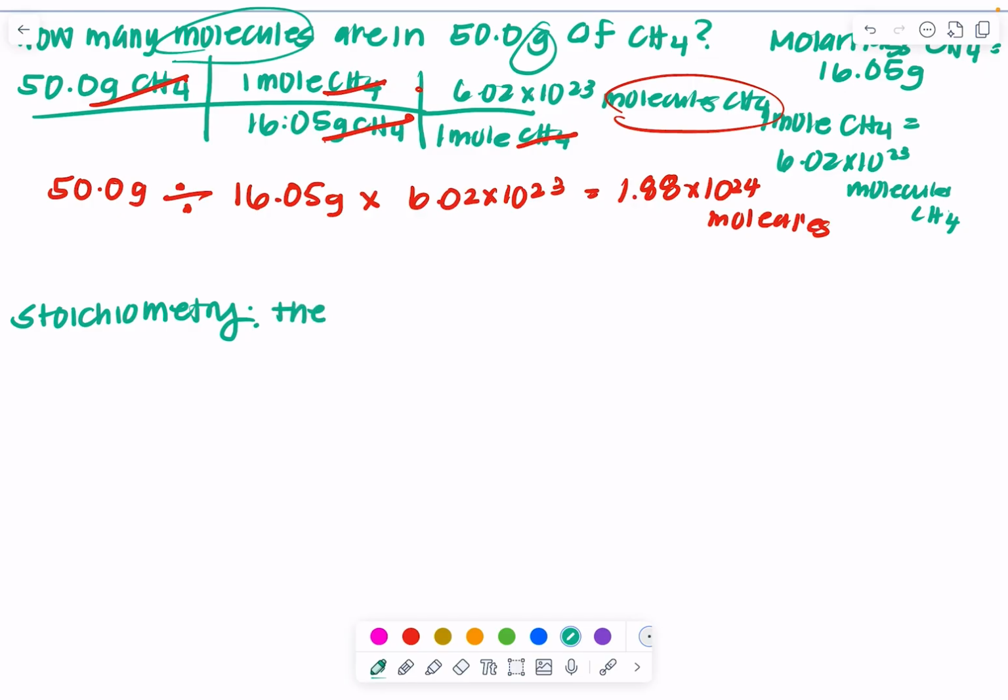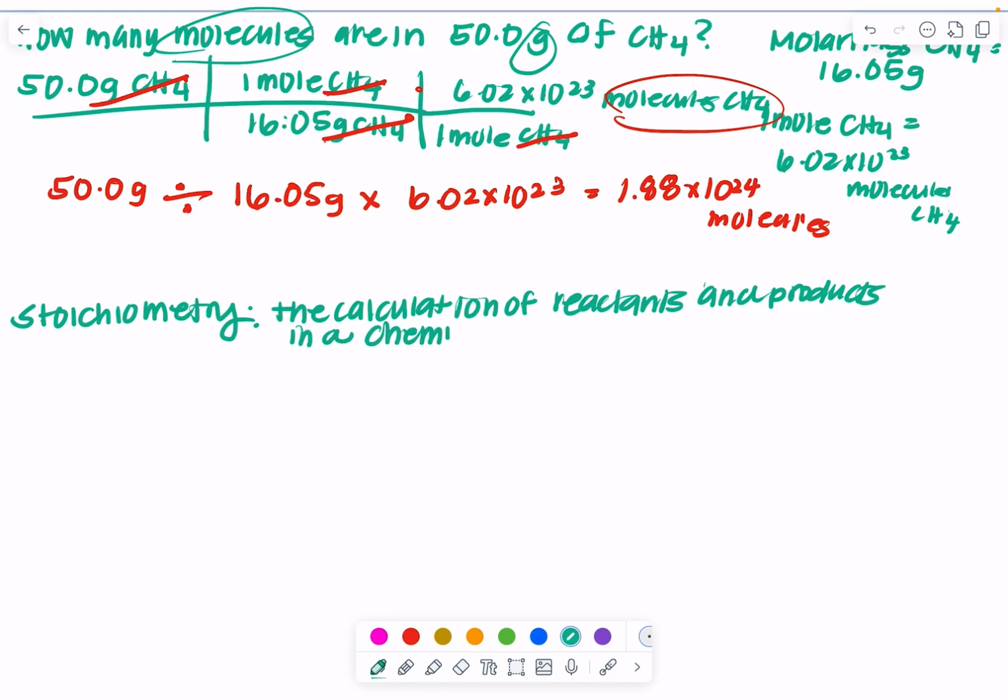This is the calculation of reactants and products in a chemical reaction. It also has to do with molar ratios of products and reactants.